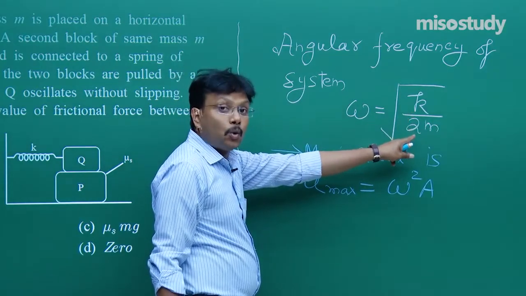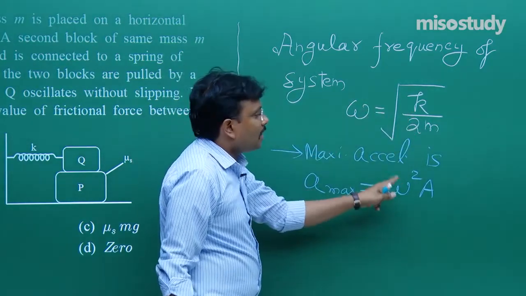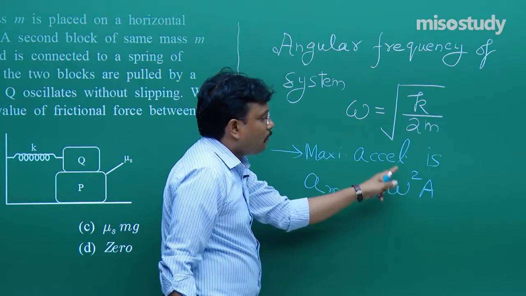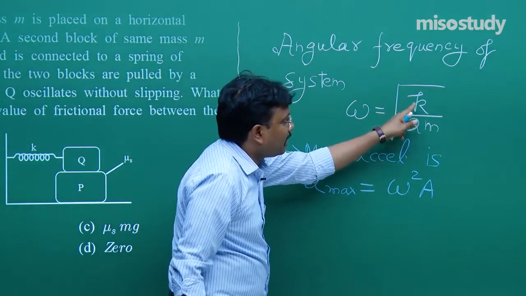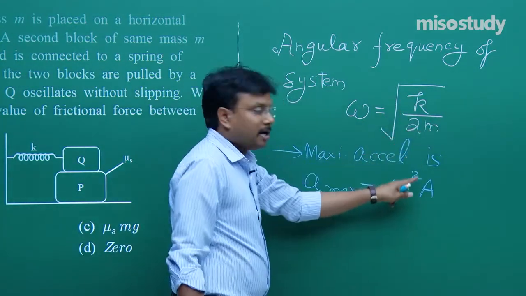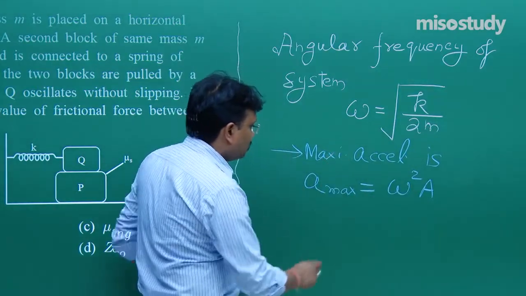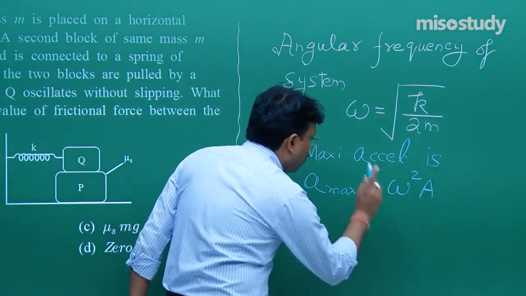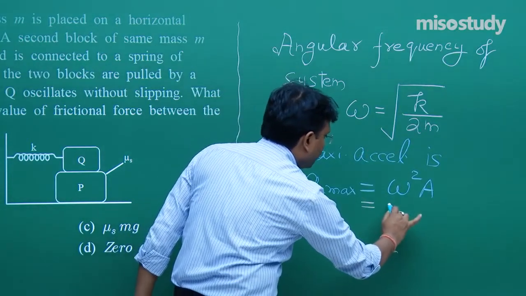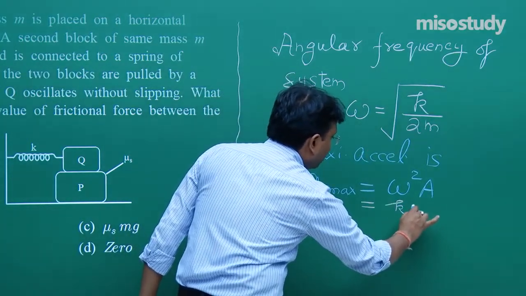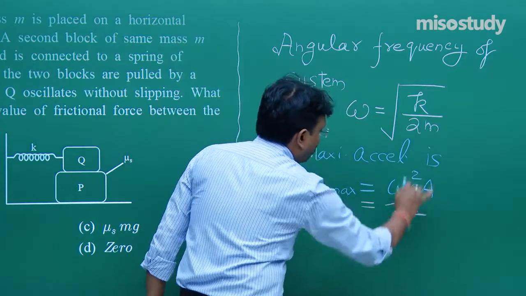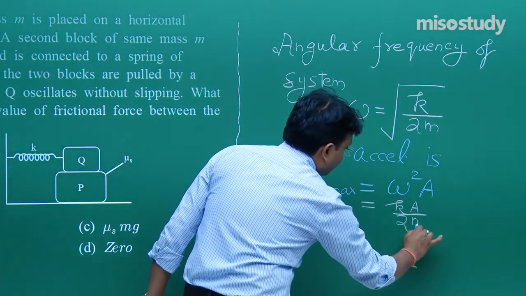K by 2m under root. So square means at this place of omega square you can write K upon 2m into A, okay. So what I will do, I will write down this using a white chalk so that you can feel the difference, that is Ka upon 2m, fine.